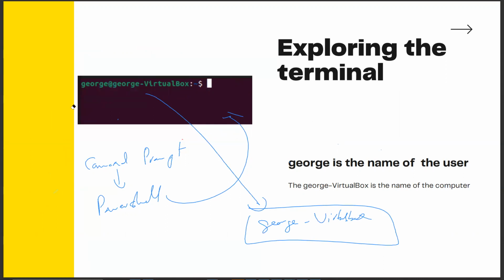Say somebody is going to be working in DevOps or even somebody working in systems, every device that you work on, especially every system or server you'll be working on, will have its own name. Maybe you have one server sitting somewhere and another server sitting somewhere else. This server may be called George-VirtualBox.